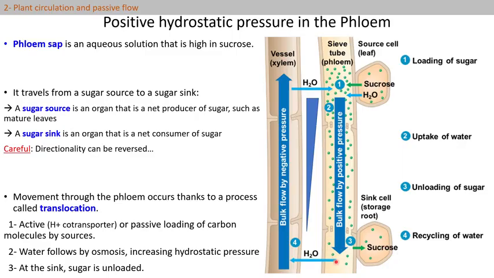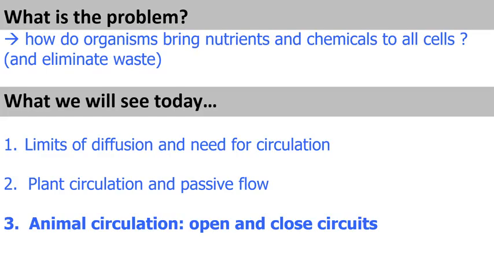Less sugar means less water is kept, water moves out by osmosis, you have a decrease in pressure. So here what you have is that the loading of sugar at the level of the source generates a pressure gradient and therefore bulk flow. All right, so xylem is suction initiated by transpiration in the leaves, and in the phloem you have positive hydrostatic pressure due to loading of sugar and osmosis generating this local high pressure of water.